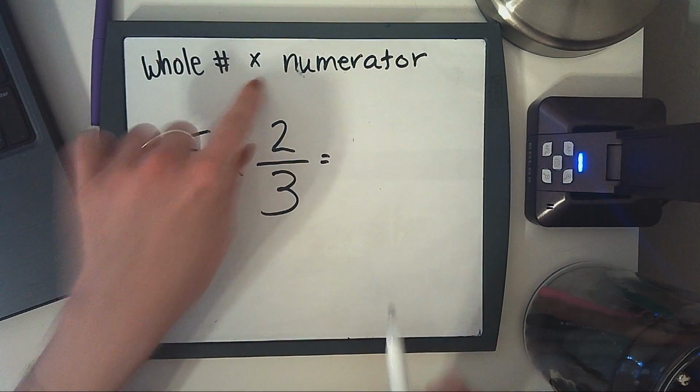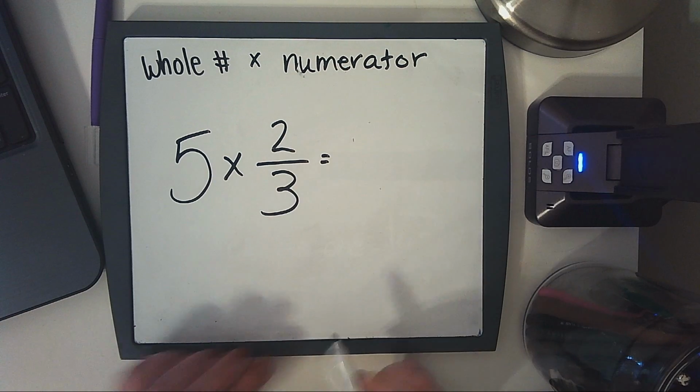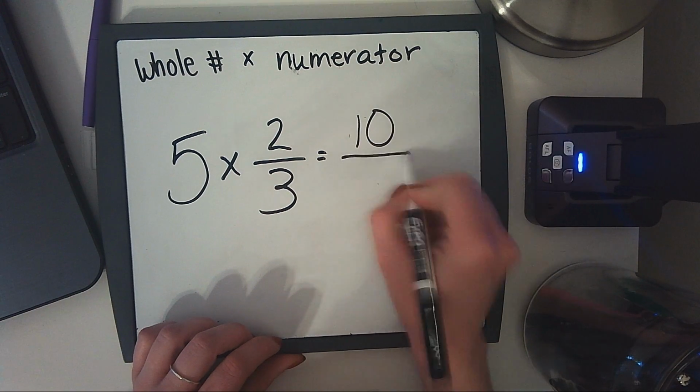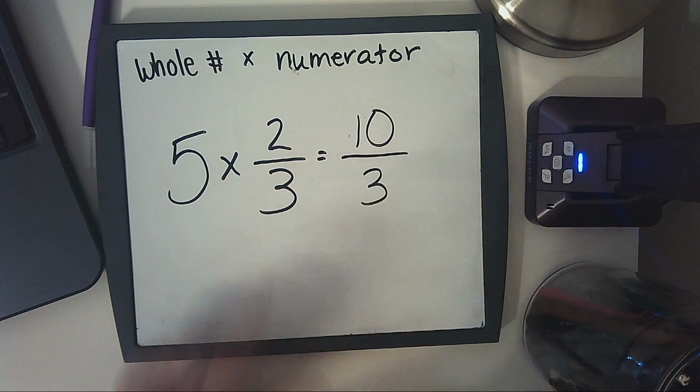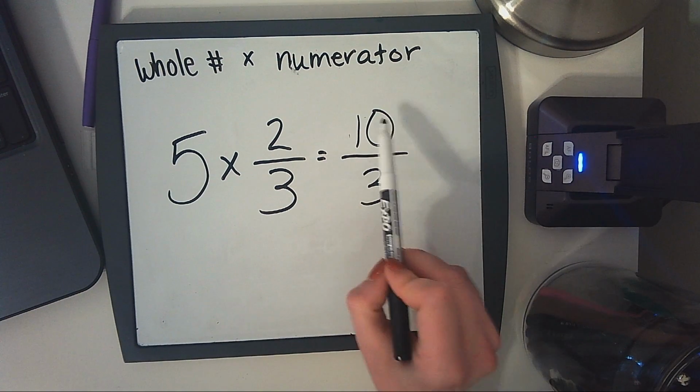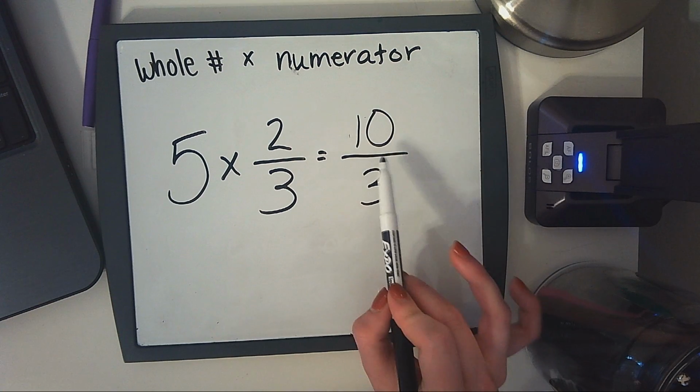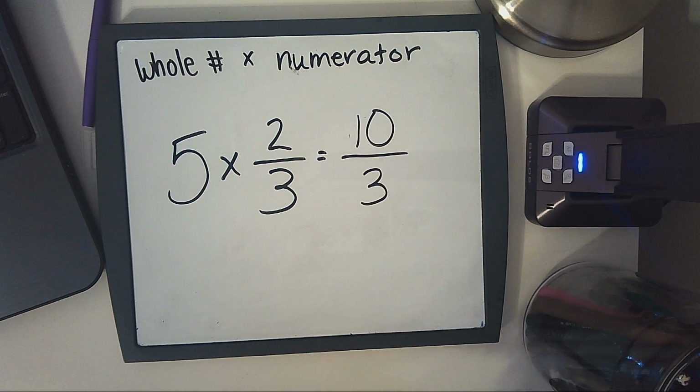Whole number times the numerator, which is 2. So 5 times 2 is 10 over our denominator of 3. Now looking at the numerator, 10 is larger than 3, so we have to turn this fraction into a mixed number. And a mixed number has a whole number part and a fraction part.